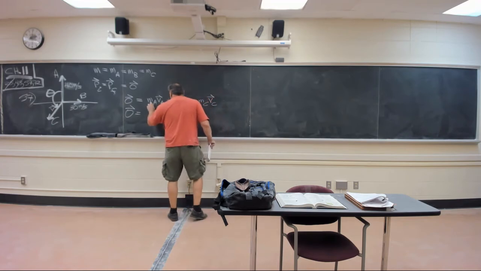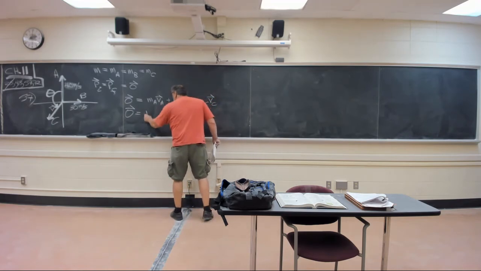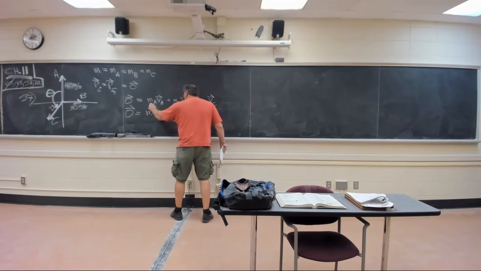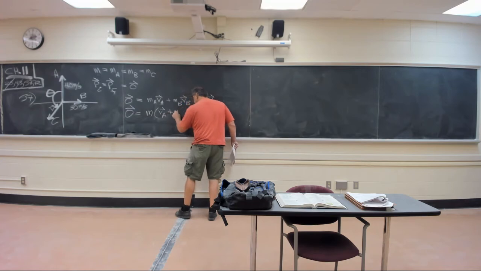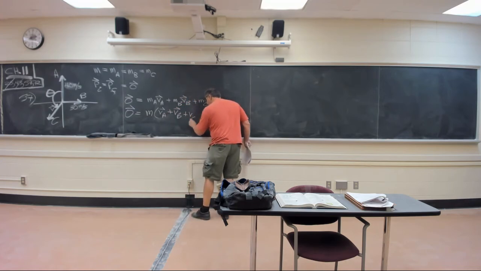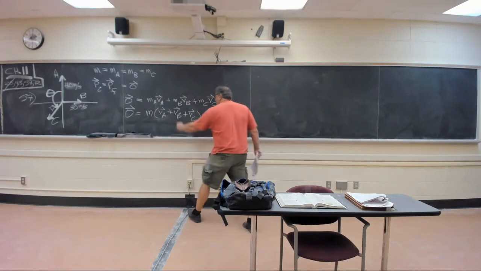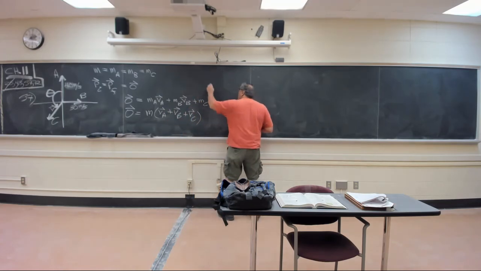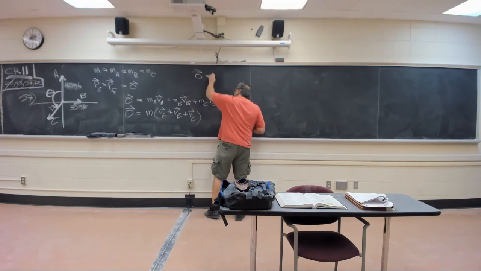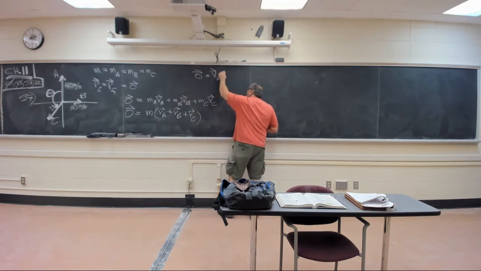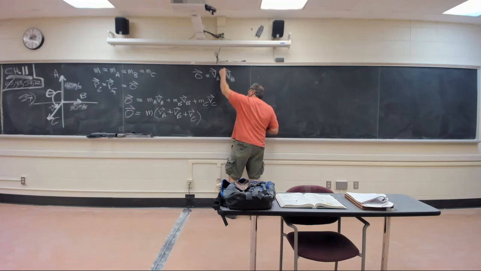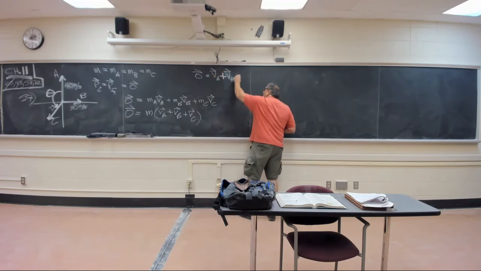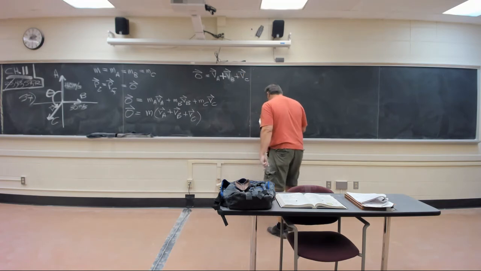We already said m_A is M, m_B is M, m_C is M, all equal to M, so pull an M out and divide by M on each side. We get v_A vector plus v_B vector plus v_C vector.